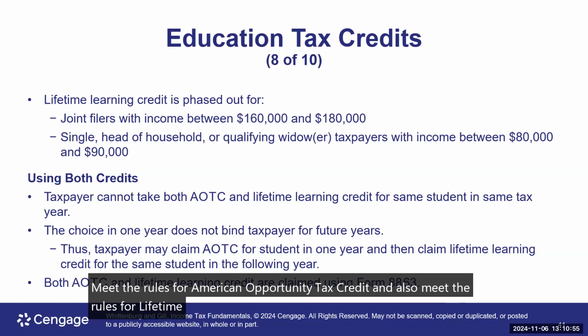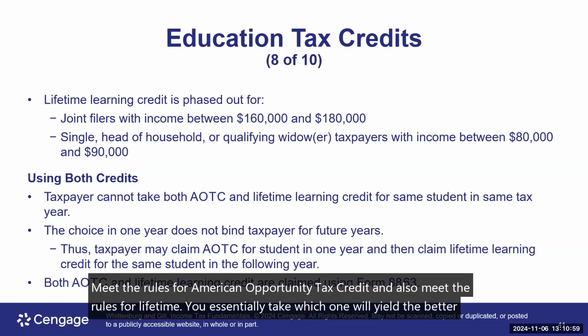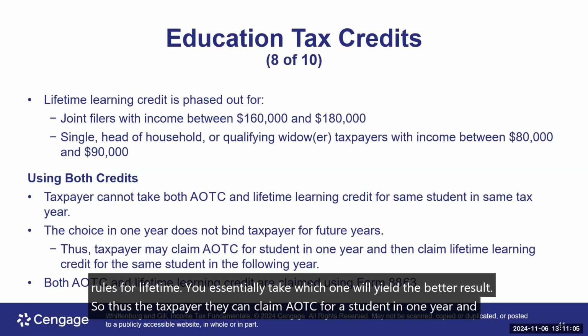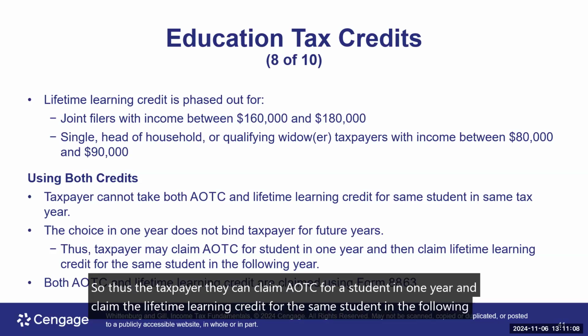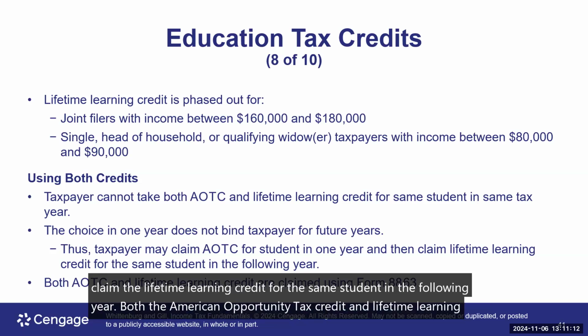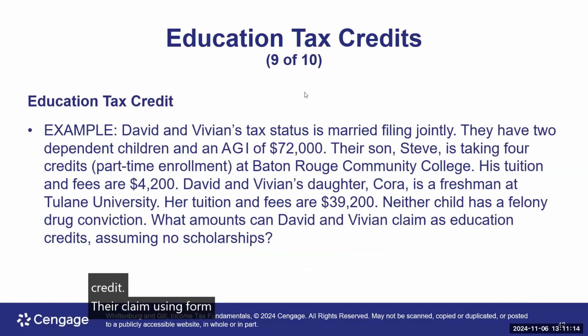You essentially take whichever will yield the better result. Thus the taxpayer can claim the AOTC for a student in one year and claim the lifetime learning credit for the same student in the following year. Both credits are claimed using Form 8863.